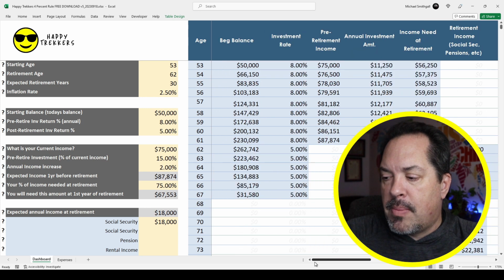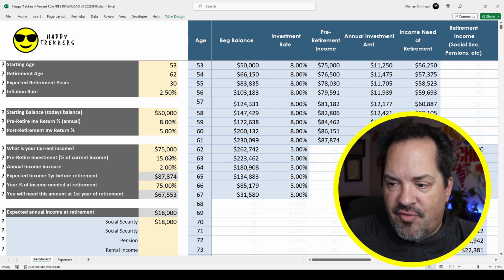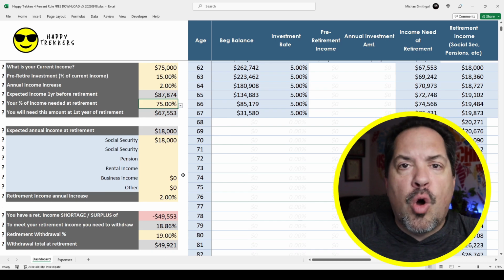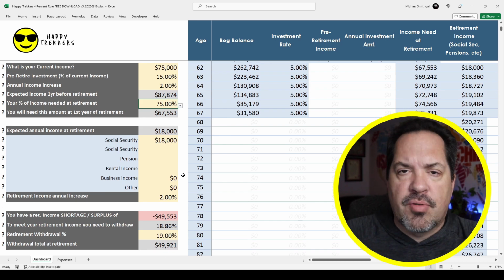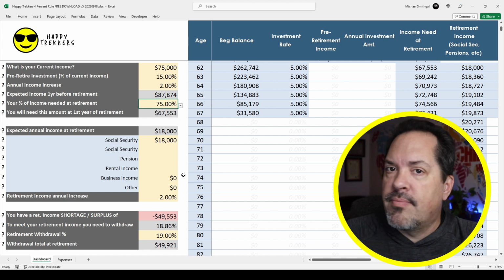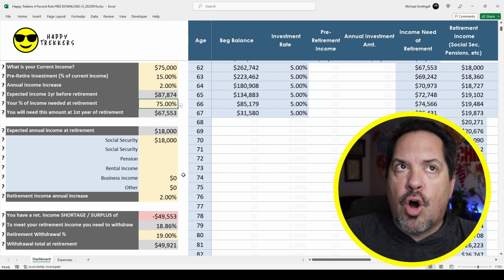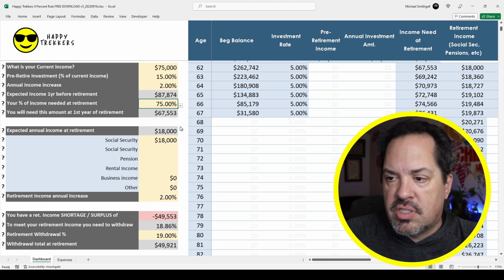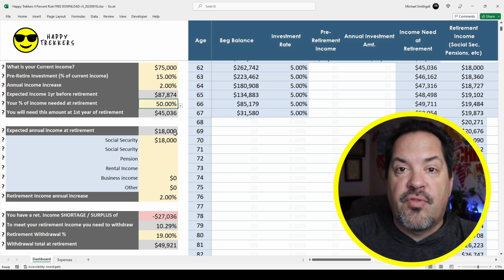Now, the first thing people think, they go back to the 75% that I said and say, okay, Mike, that sounds all well and good, but I don't need 75%. Okay, fine. Think about all of your expenses and cut them to what level you think you need. You say, oh, I only need 50%. Okay, I would challenge you on that, but let's say for the sake of argument, you only need 50%.